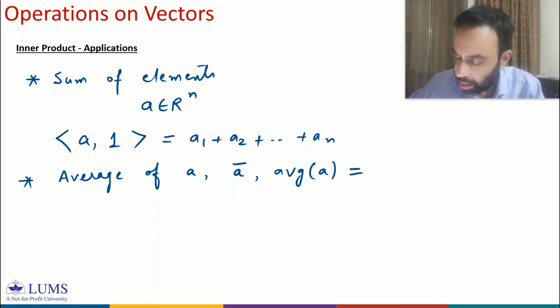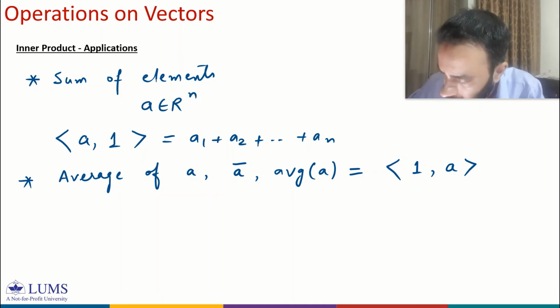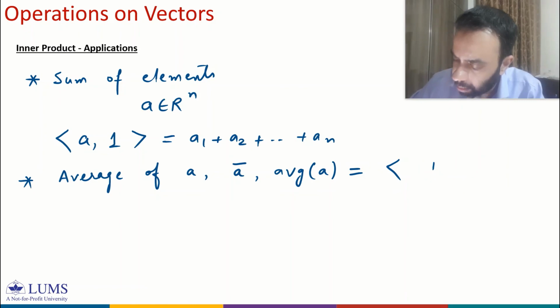Average a would be simply given by a vector of ones times a, and you simply use a scalar here. Hang on, let me rewrite this.